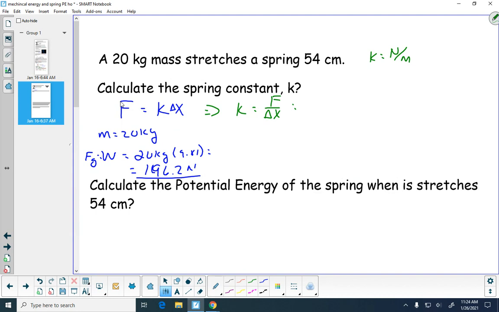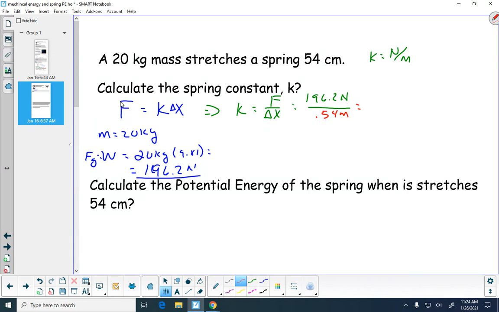Well, my force is 196.2 newtons, and my displacement, my delta x, is in centimeters. So I need to convert that into meters. 0.54 meters.